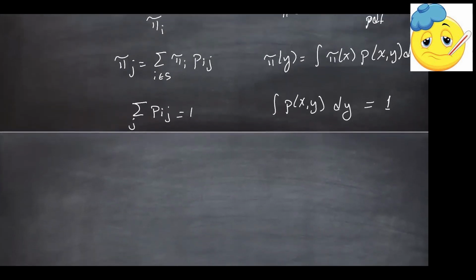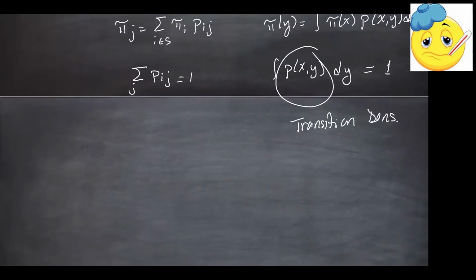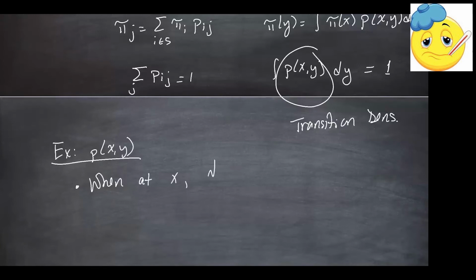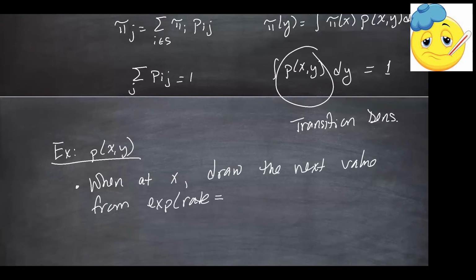And an example of a kind of continuous transition density, so that's what I would call this, a transition density, might be that, as an example, so here's a p xy, it might be when you're at x, you want to draw the next value from, say, for example, an exponential distribution with rate x.